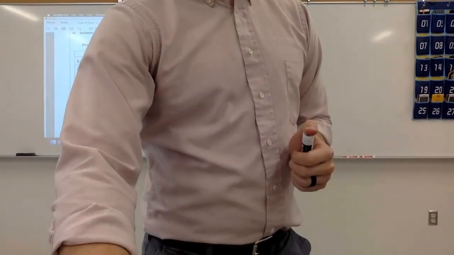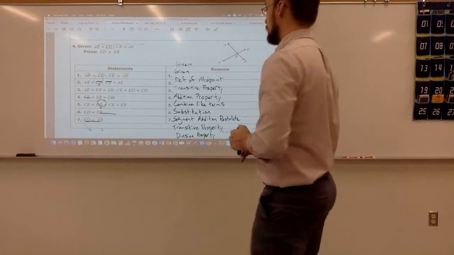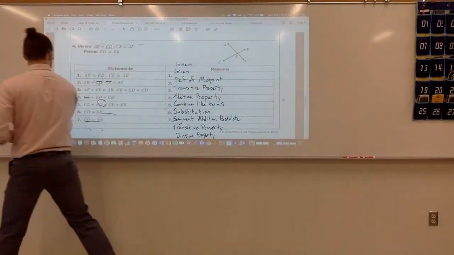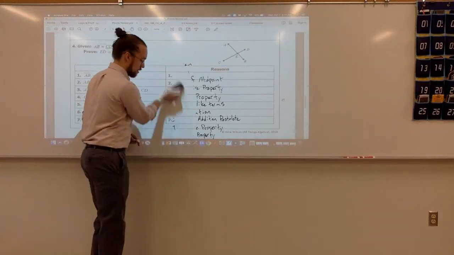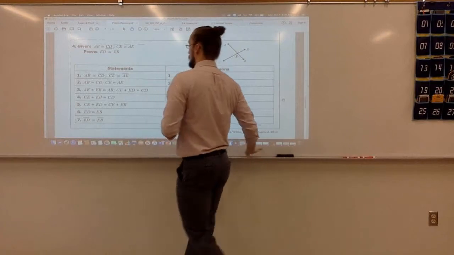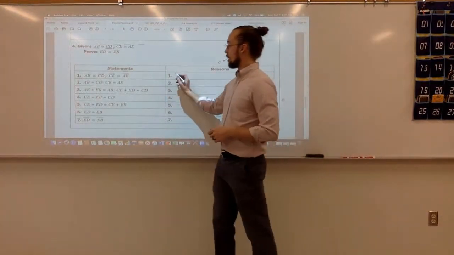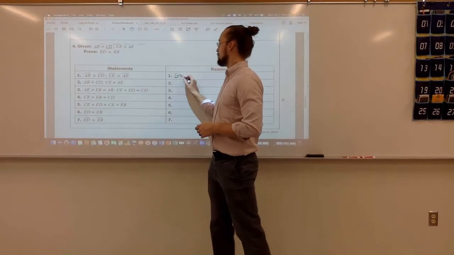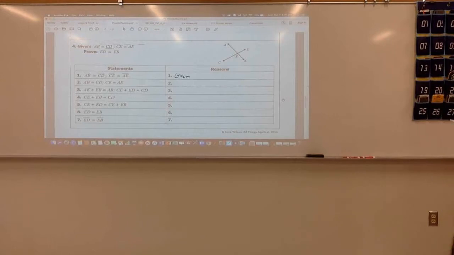All right, let's take a look at the other segment one here. On this one, I get 2 pieces of information, and they both show up in this first line. Those are both given.